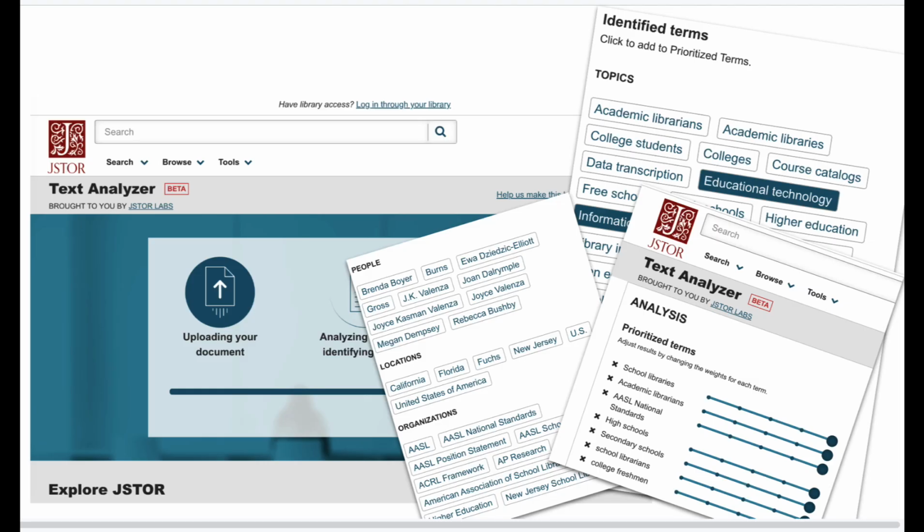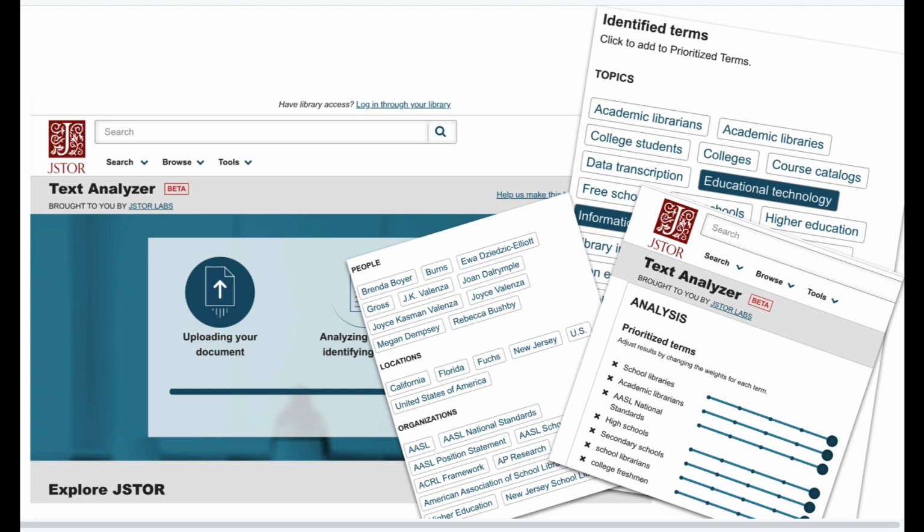If you're in 530, you already saw how JSTOR allows for a text analyzer. You bring your own paper in, and it analyzes the text and helps you find like papers or subject headings. It helps you with these sliders to move things around and decide, I want more academic library mention in an article, less high school mention.